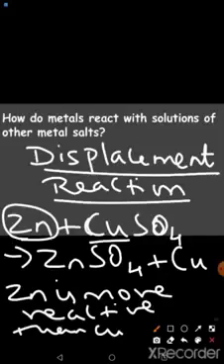When you look at the reactivity series, the order goes like this: potassium, sodium, calcium, magnesium, aluminium, zinc, iron, lead, hydrogen, copper, mercury, silver, gold. This is your reactivity series.